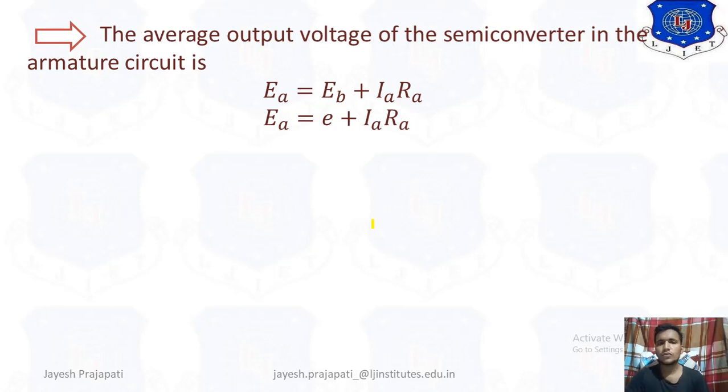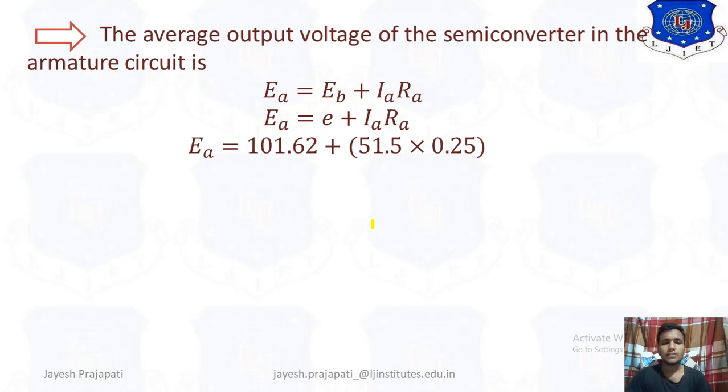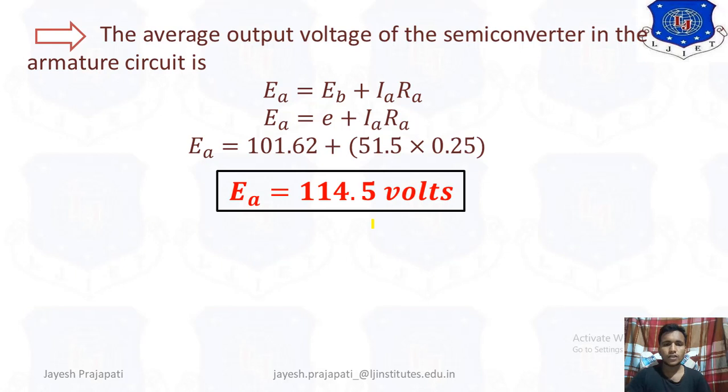So EA is equal to E plus IA RA. Then EA is equal to 101.62, that is E we have derived, plus IA, that is 51.5, that also we have derived, into the armature resistance, given as 0.25 ohm. So the solution is EA equal to 114.5 volt.